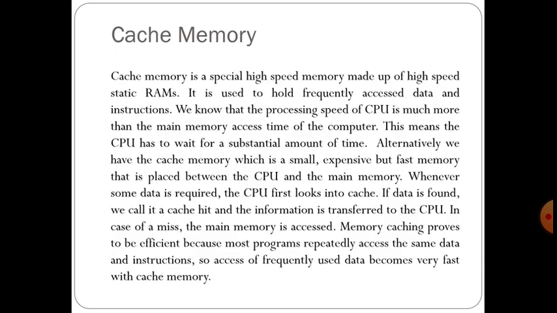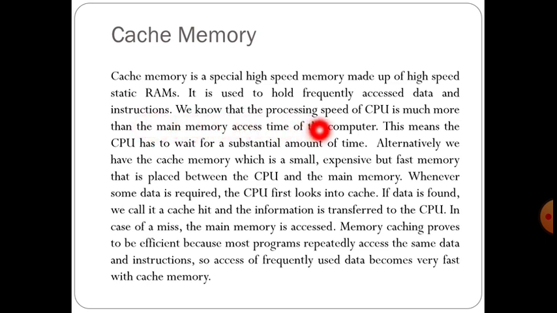Next is cache memory. The concept of cache memory is that it is a very fast memory, even faster than the RAM, and it is placed between the CPU and the main memory, that is ROM and RAM, because of its fast speed. So let's have a look. Cache memory is a special high speed memory made up of high speed static RAMs. It is used to hold frequently accessed data and instructions.